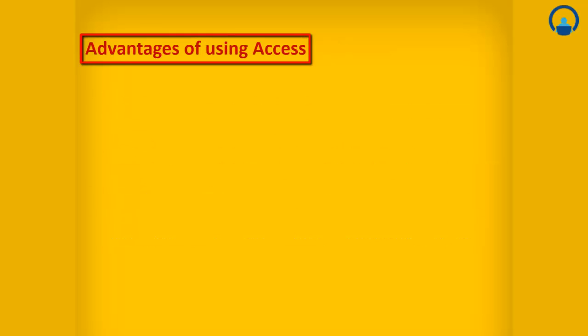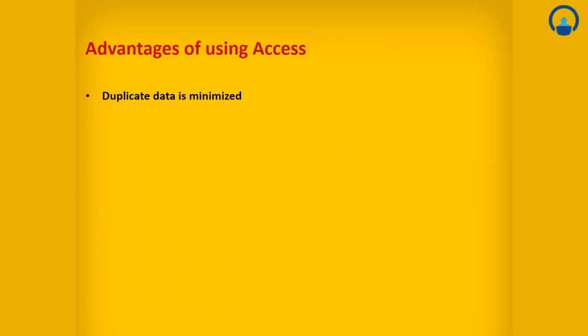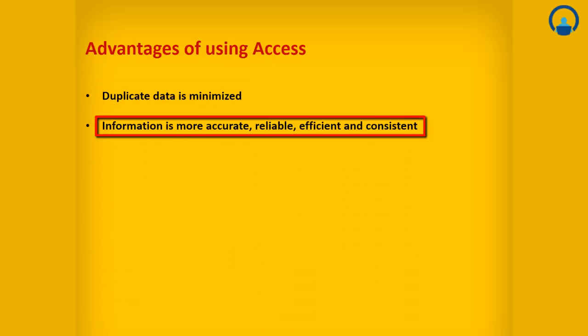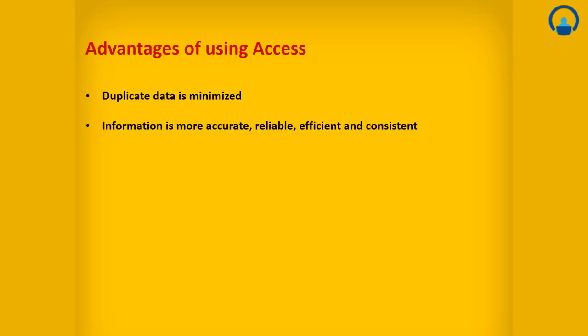Now, what are the advantages of using Access? First of all, the duplicate data is minimized. The information is more accurate, reliable, efficient, and consistent. And this is because, as we said, the duplicate data is minimized. In other words, if you have one customer with multiple orders that they have placed, you do not have the same customer multiple times in the database.